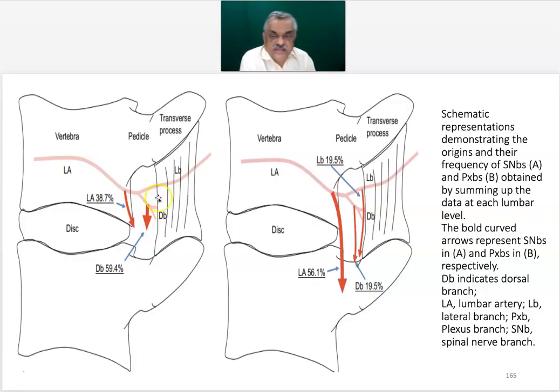The SNB is lumbar artery 38%, lumbar artery 56%, this is 19%. DB is dorsal branch, LB is the lateral branch, LA is the lumbar artery: LB 19%, DB 19%, LA 56%.